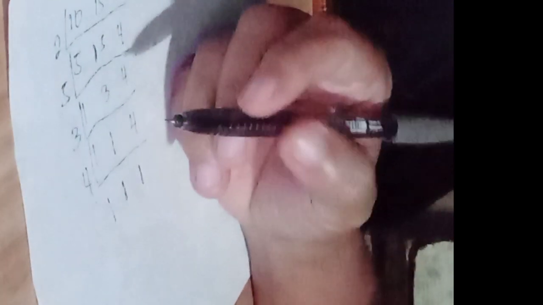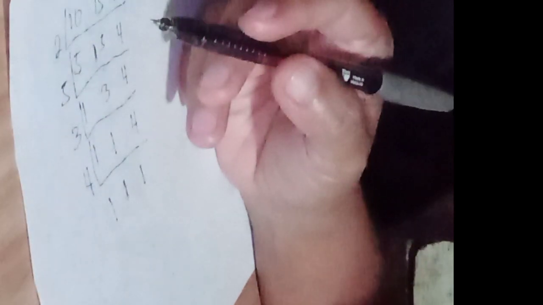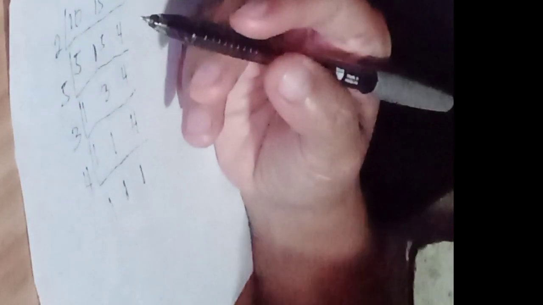So what do we need to do? We need to multiply all the common divisors.